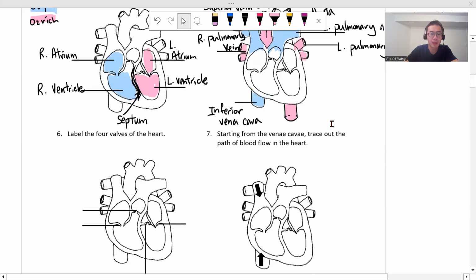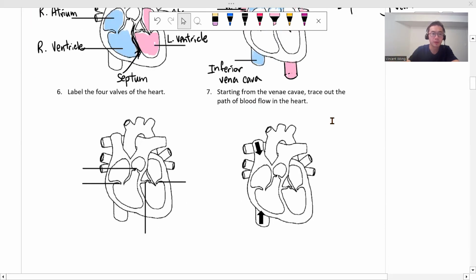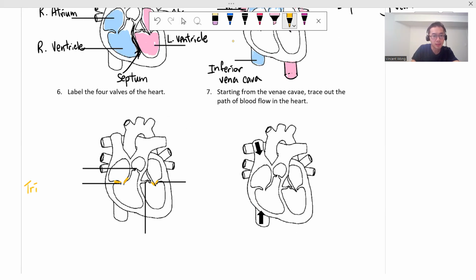Moving on. Label the 4 valves of the heart. We have this one here on the right side and this one here on the left side. This is the tricuspid valve. And on the other side, we have the bicuspid.